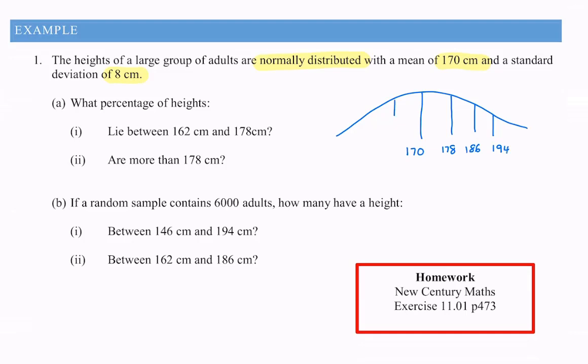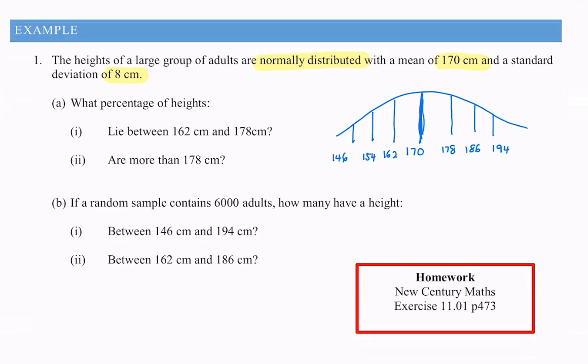Then I do the same below. Remember 170 was my mean, and if I subtract 8, I get 162. Subtract another 8, I get 154, and another 8, I get 146.